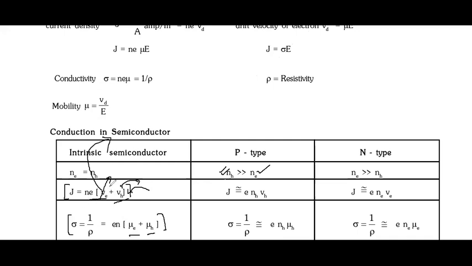Guys, what is a hole? Tell me, what is a hole? A hole is nothing. It is an empty space. When I talk about the movement of a hole, it is actually the electron which is moving. It's not that there is a positive charge and a negative charge, where positive charge will move this way and negative charge that way. It's not like that. It is just an empty space. Only the electron is moving, and an empty space is created over here.